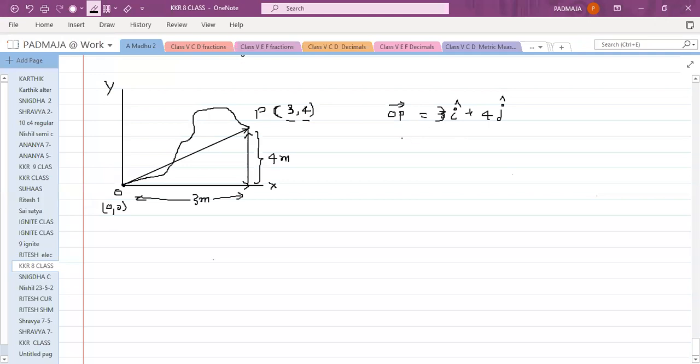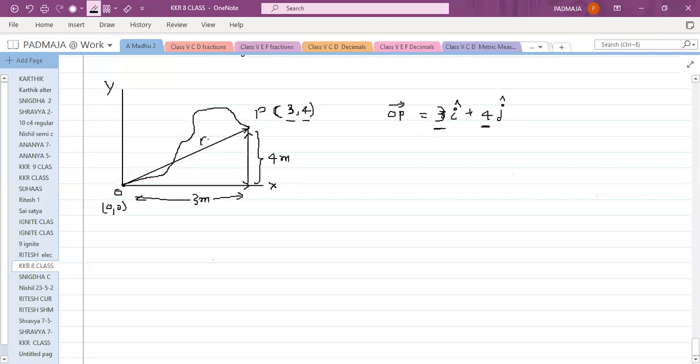This is the position vector of the particle P. Now this 3 is called the component of the vector OP bar along the x-axis, and 4 is called the component of the vector along the y-axis.